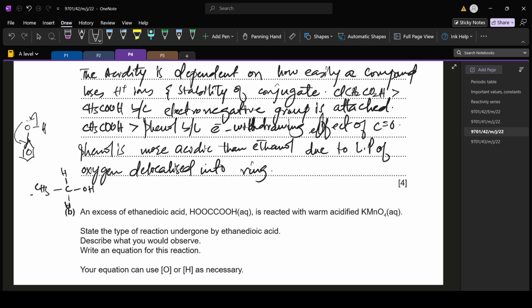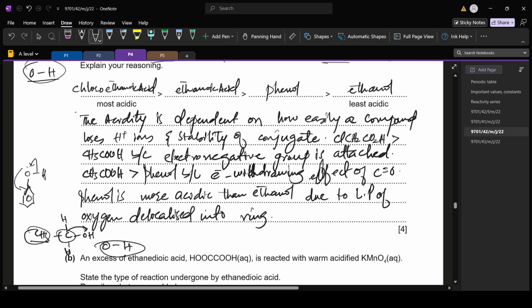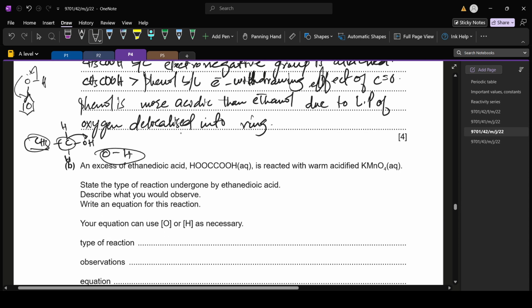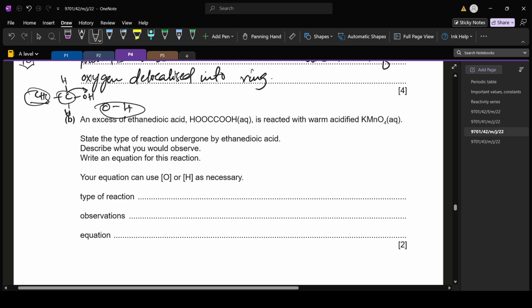These alkyl groups are electron donating groups, they will donate electrons to the OH group, so this OH bond will be strengthened. In phenol, chloroethanoic acid and ethanoic acid, the OH bonds are weakened, and in ethanol this OH bond is strengthened. So you can also add that as well.